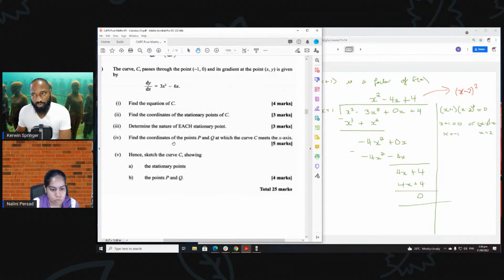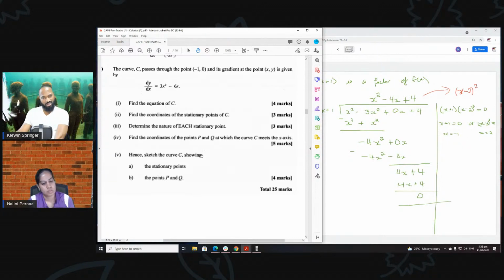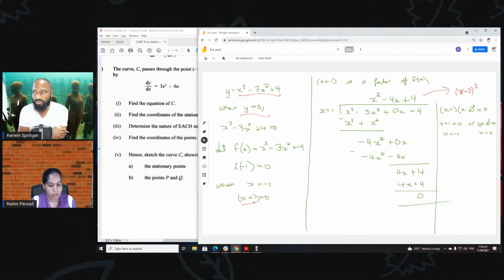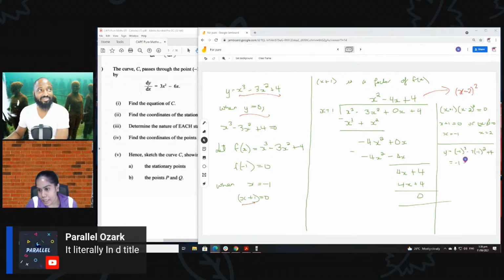So right, find the coordinates of the points P and Q at which the curve meets the x-axis. Okay, cool. Right, so when x is equal to negative 1, y is equal to minus 1 cubed minus 3 by minus 1 squared plus 4. So that's minus 1 minus 3 plus 4, which is 0.